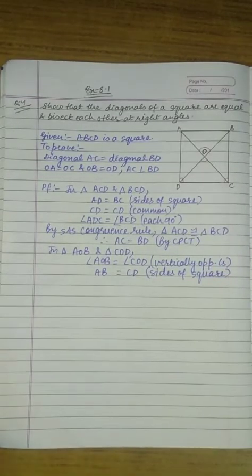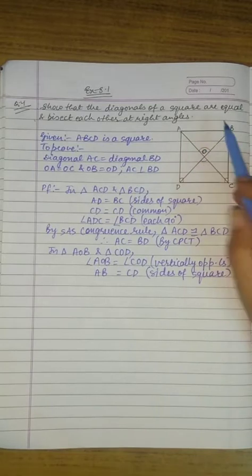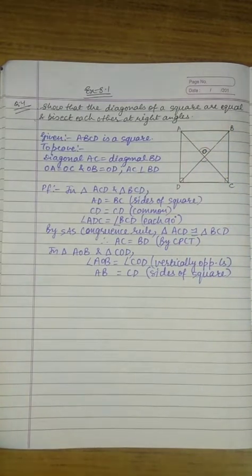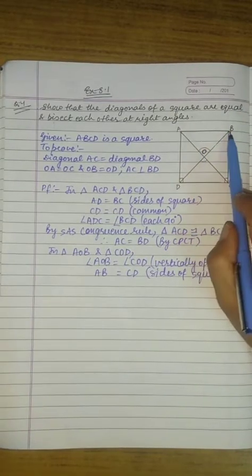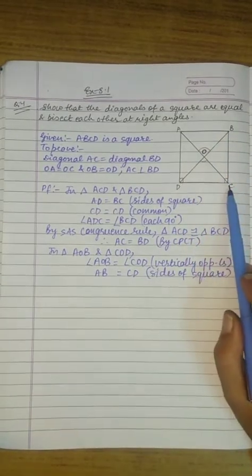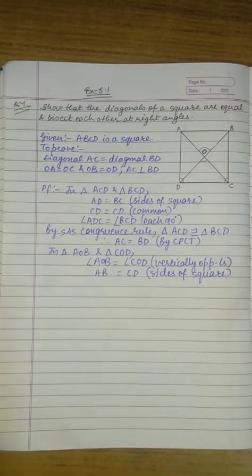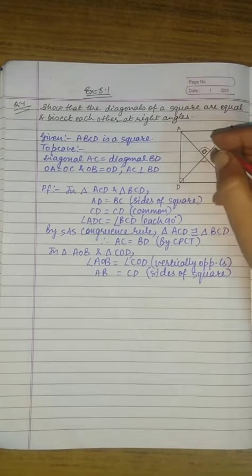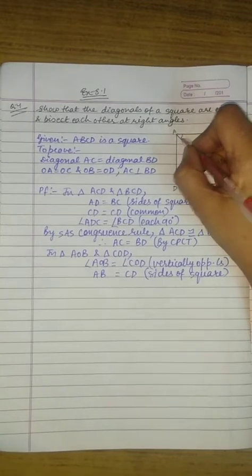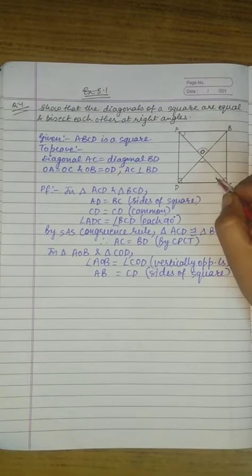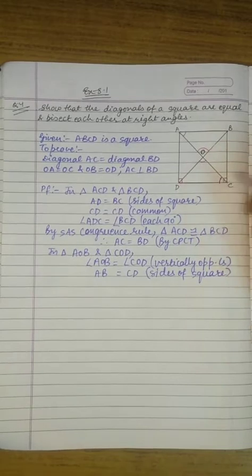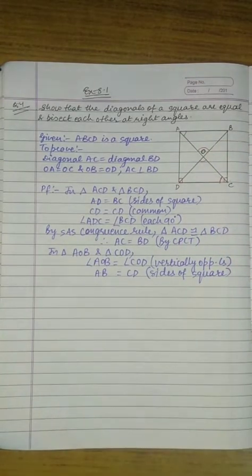Now the third element which is required, we will use, see, every square is a parallelogram. So AB is parallel to CD and AC is the transversal. Therefore, we can say this angle is equal to this angle. Why? It is alternate angle.